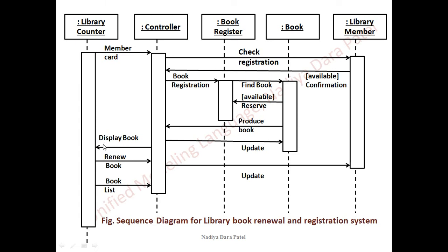At the same time, if the member comes with a book and wants to renew it, it is going to get the book and follow the same procedure again, updating the book. If the member is looking for some new books, it can produce a book list.